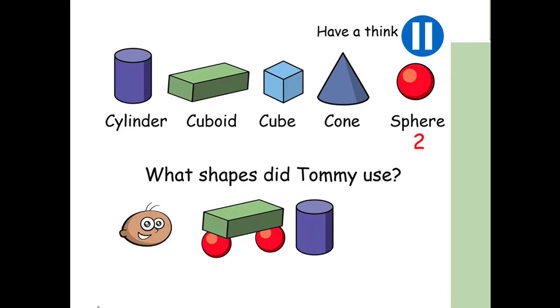Well, it looks like Tommy was trying to build a car or something. He used 2 spheres, 1 cuboid, and a cylinder. Although, Tommy, I'd be careful, because I think your cuboid might fall off.